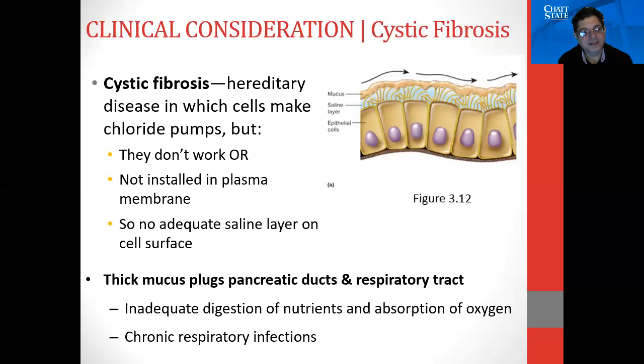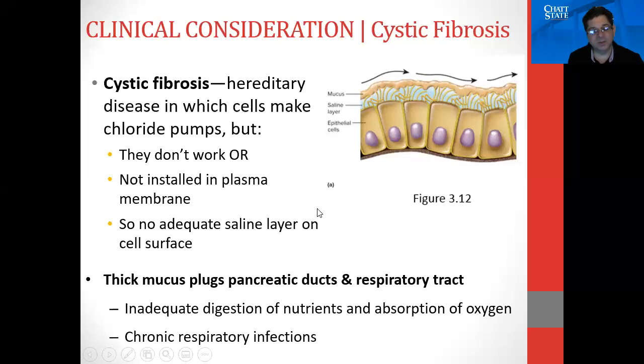So yeah, this is a DNA issue. This is a genetic disease where that person with cystic fibrosis, they're not producing those channels, right? They're not producing those chloride pumps, or they just don't work. So if the chloride doesn't get pumped out, the sodium doesn't get pumped out, because sodium likes to follow chloride always, and vice versa.